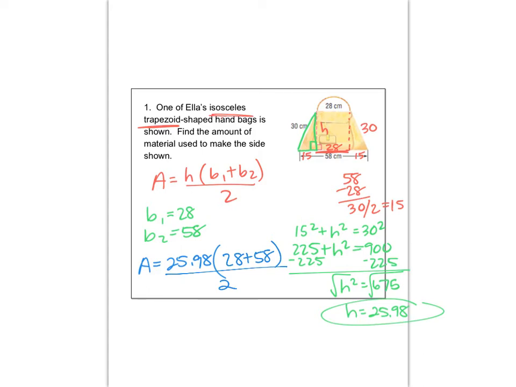You're going to type that into your calculator, and if you type it in correctly, you're going to get 1,117.17. And remember, it's an area, so we're going to label it centimeters squared. Areas always have squared units.